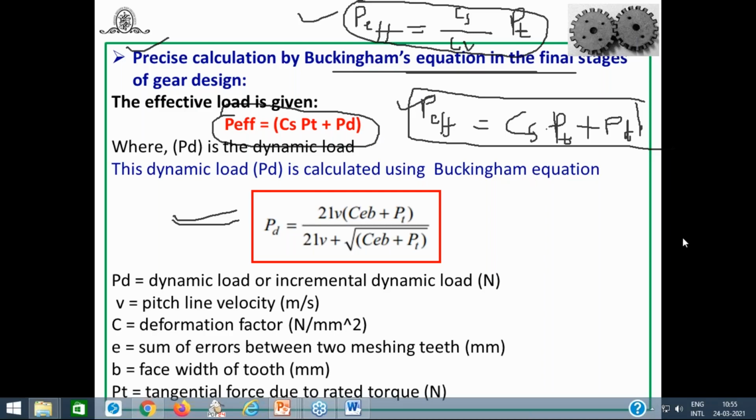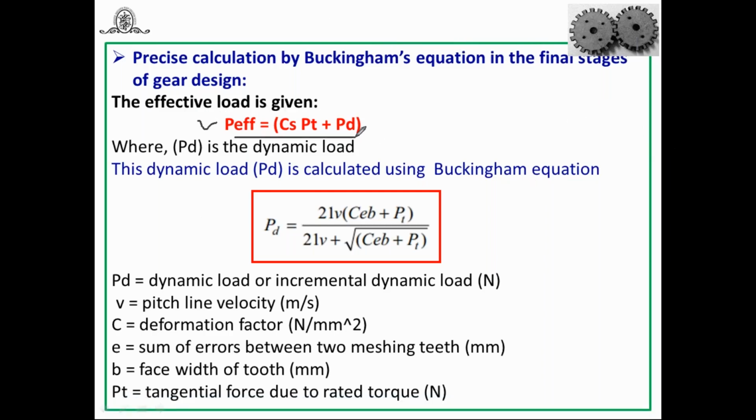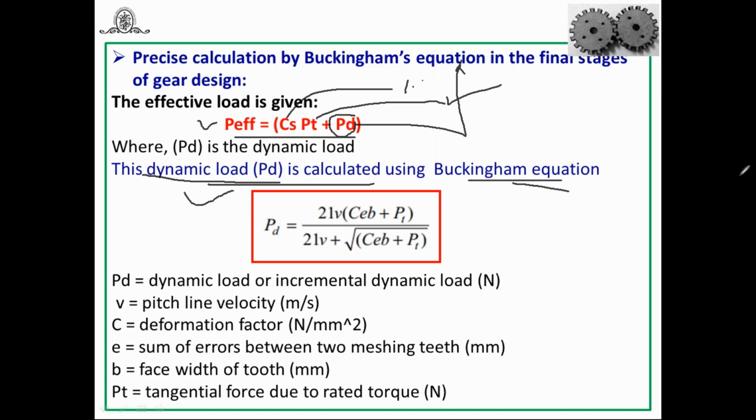So I have written here P effective. To determine this P effective, CS is given as 1.5. PT is the tangential force already calculated in the first or second bit. Now we get PD by using Buckingham's equation, and we have discussed how to determine this dynamic load yesterday, the day before yesterday, and last week also.